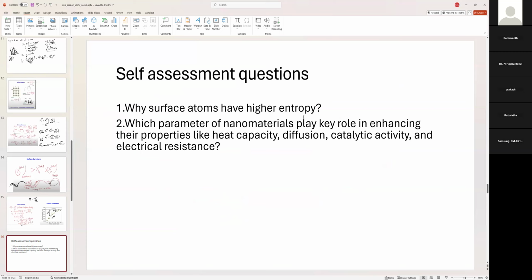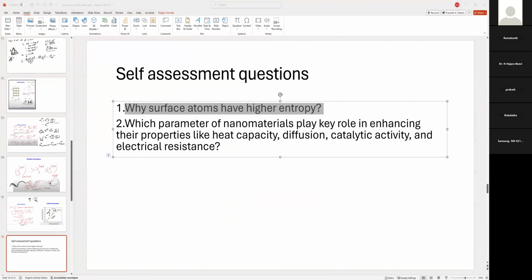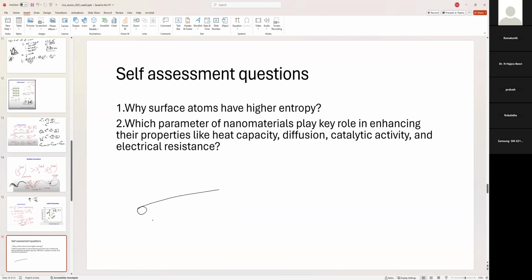Why do surface atoms have higher entropy? Entropy you can also imagine as freedom to move. So all the atoms sitting on the surface are loosely bonded atoms.